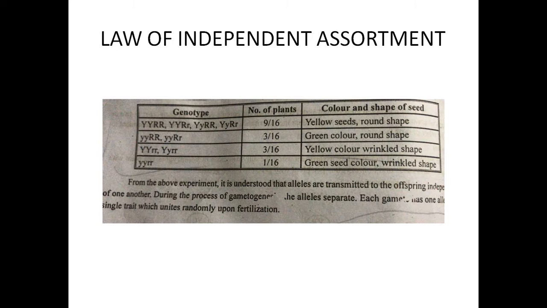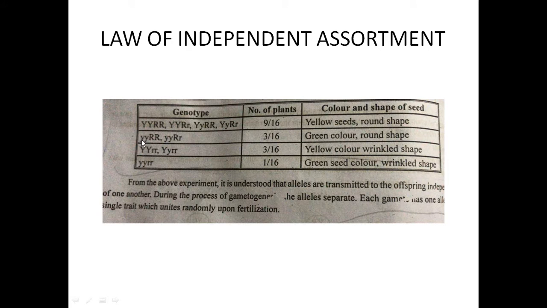From this law, the factors or the genes of different characters present in the parents separate independently from one another during gamete production. Any allele of one gene is equally likely to combine with any allele of the other gene.